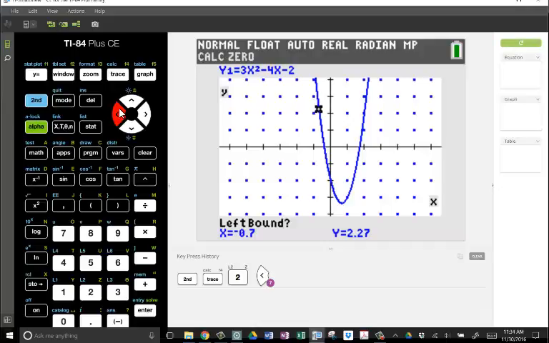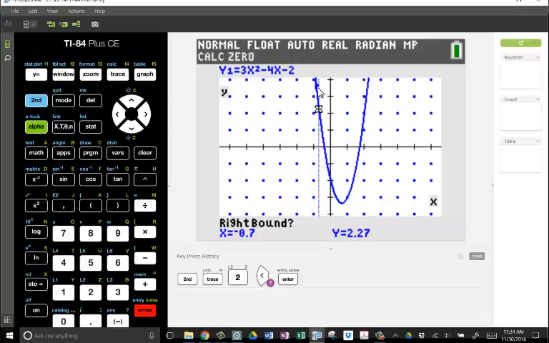In this case, that also translates to above. Once you are left of the x-intercept, hit enter. And a small dotted line will appear along with a tiny little arrow up at the top that is pointing to the right. You see this little arrow up here?